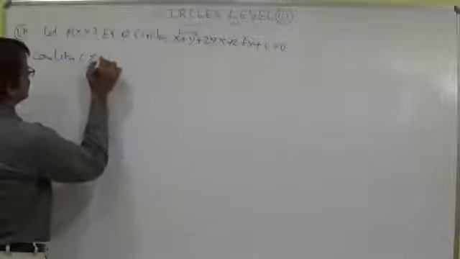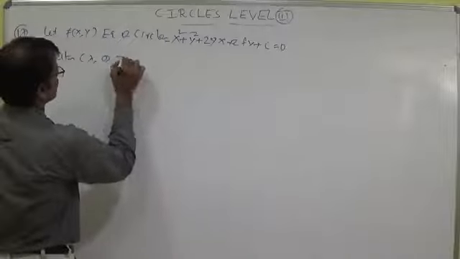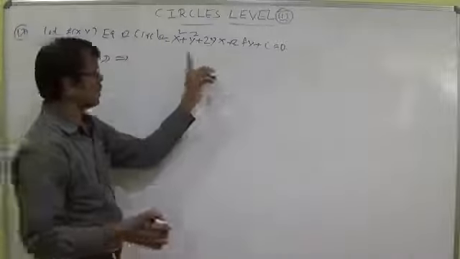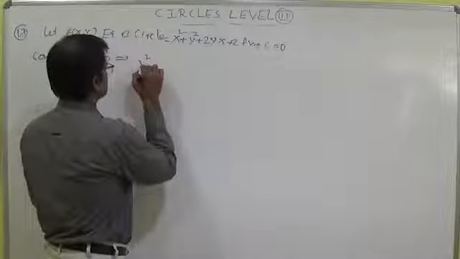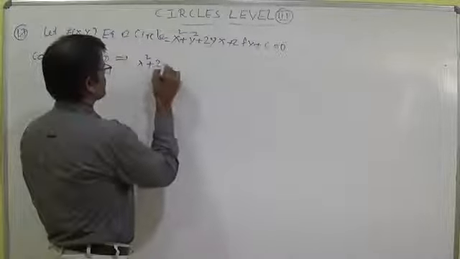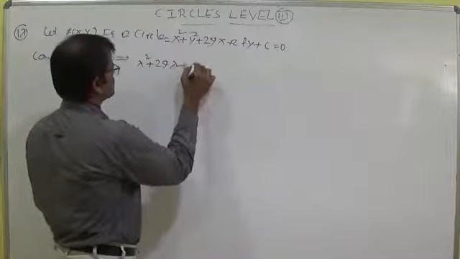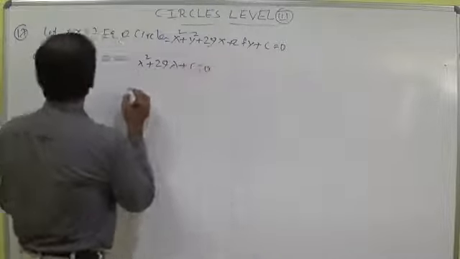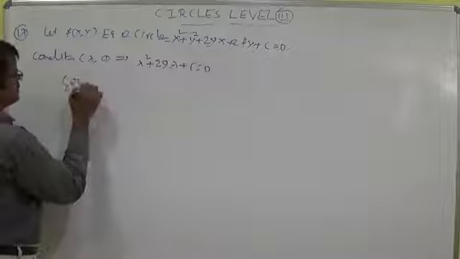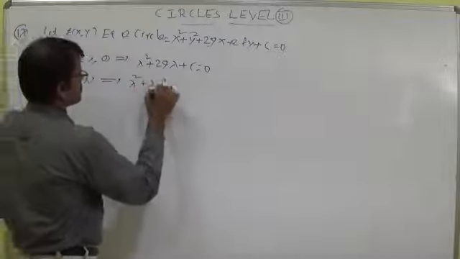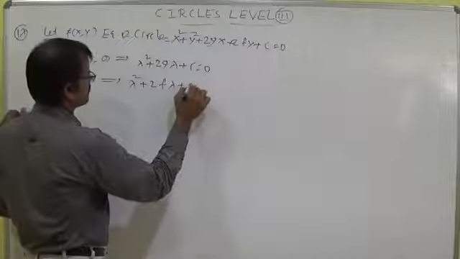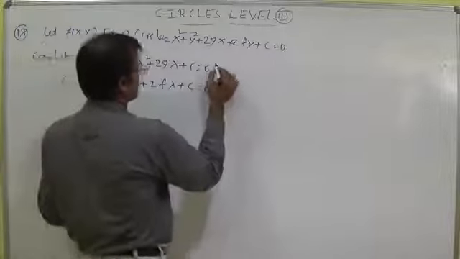The condition is there for (lambda, 0). That implies substitute the value here: lambda square plus 0 plus 2g lambda plus c, so lambda square plus 2g lambda plus c is equal to 0. And for the condition (0, lambda), you can say here lambda square plus 2f lambda plus c equal to 0.